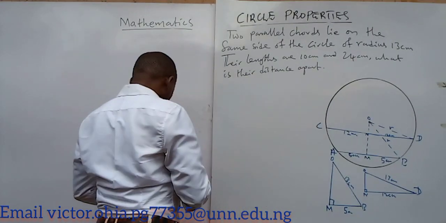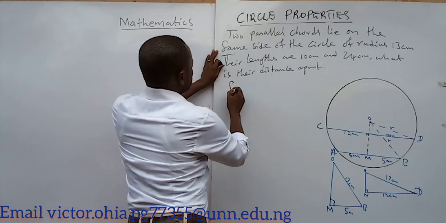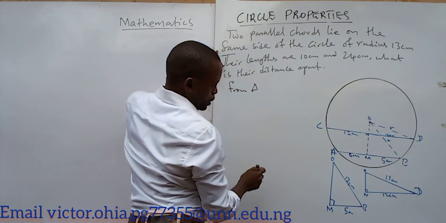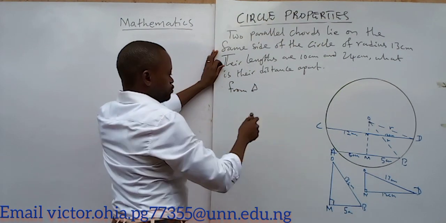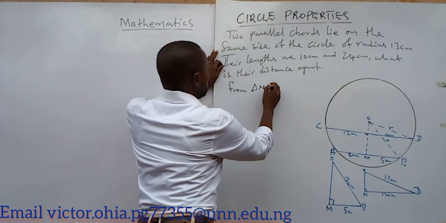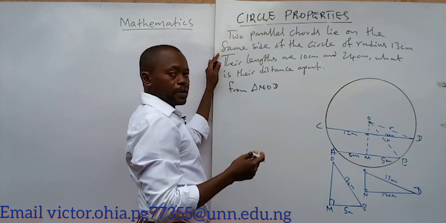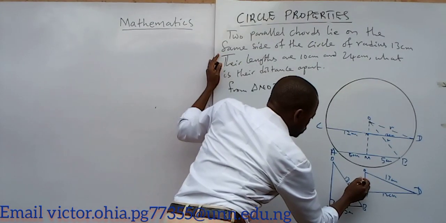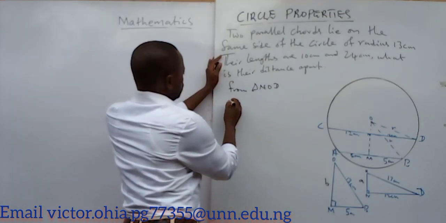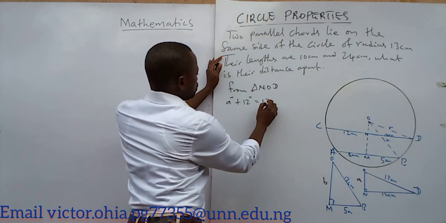So here we go. I will say from the first triangle NOD, using Pythagoras theorem. Let me call this place A and call here B. So I will say A squared plus 12 squared is equals to 13 squared.